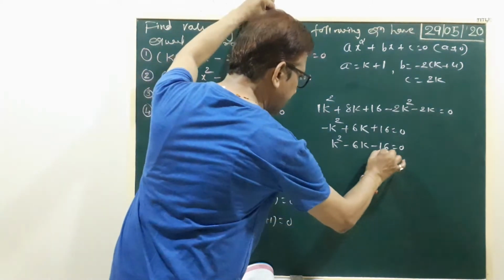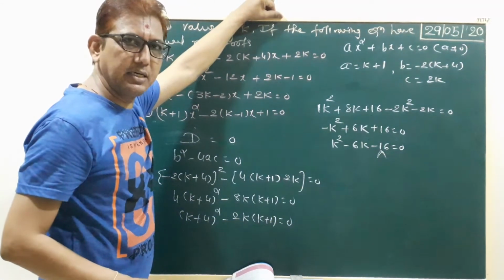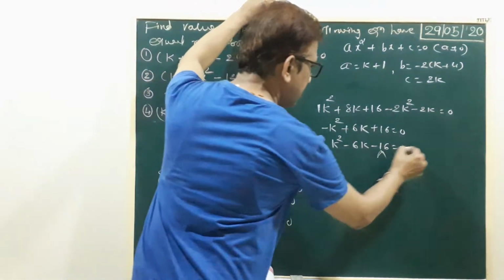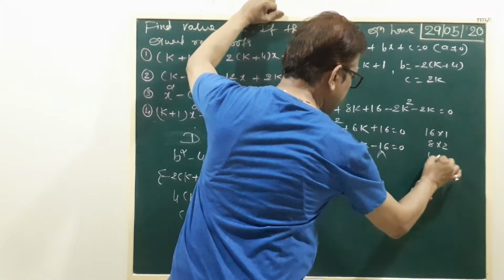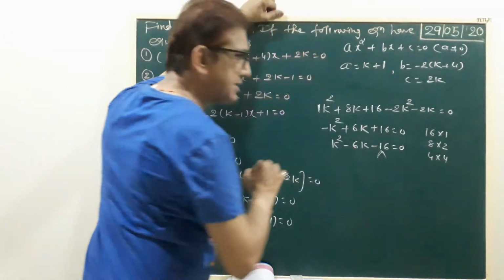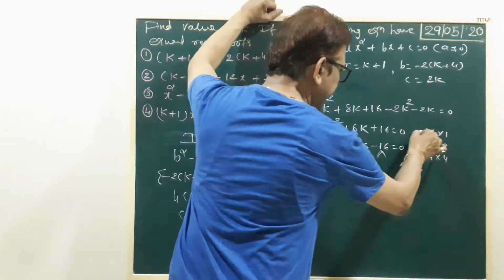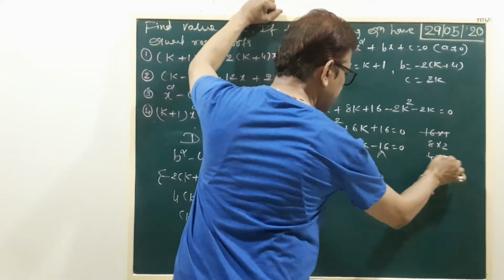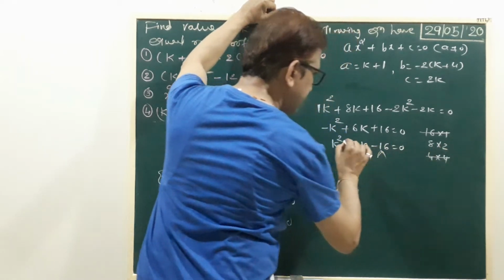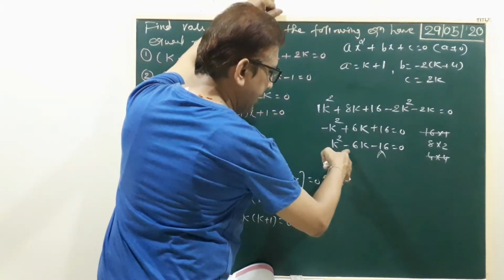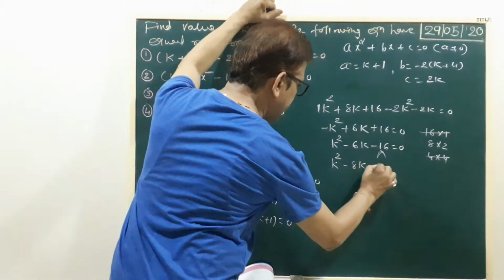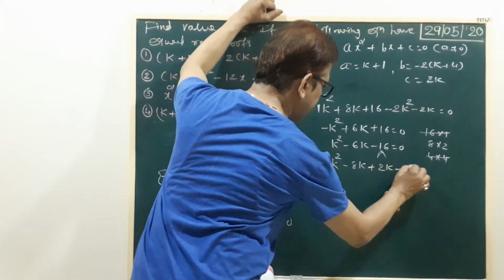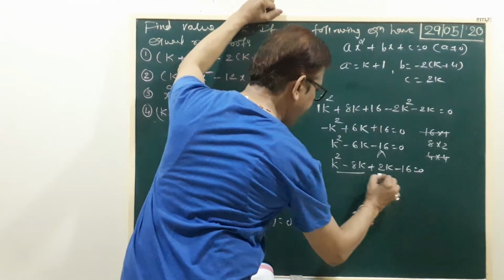Now factorize. 16 1s are 16, 8 2s are 16, 4 4s are 16. Here the last term is negative, so 16 minus 1 is 15, not possible; 4 minus 4 is 0, not possible; 8 minus 2 is 6, possible. 8 is the bigger number and is given the minus sign, the middle term sign. So k square minus 8k plus 2k minus 16 equals 0.